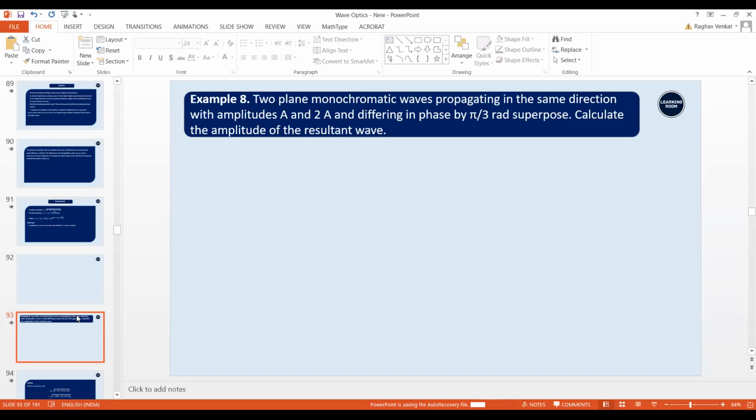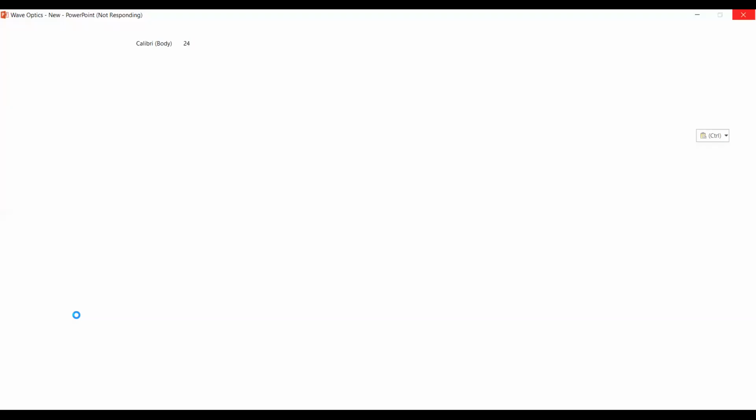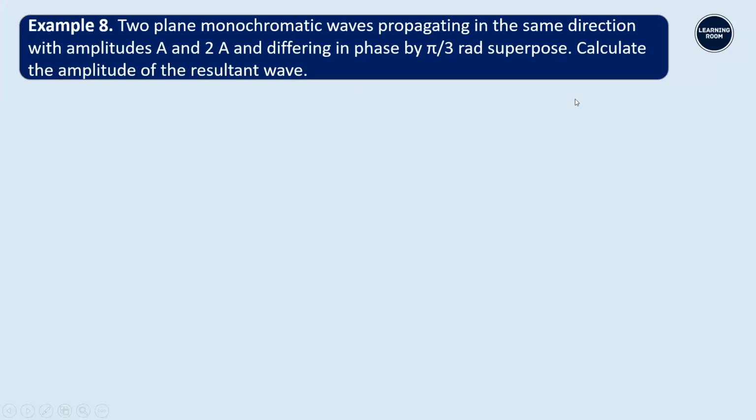So this is one of the problems based on interference of light.